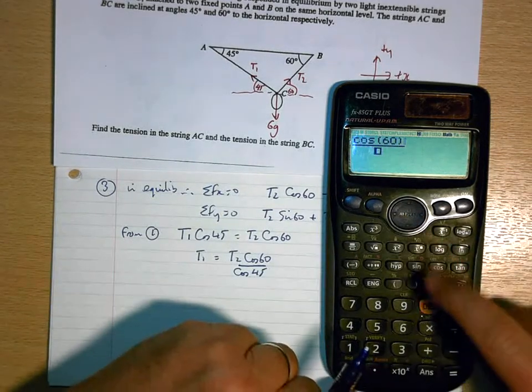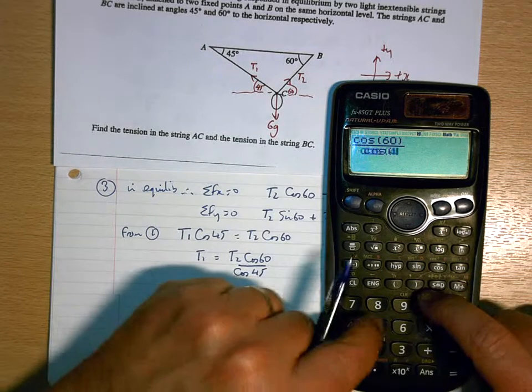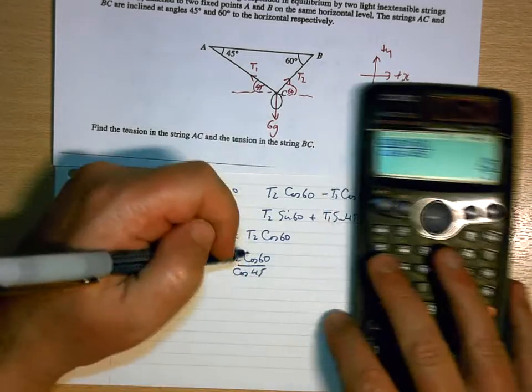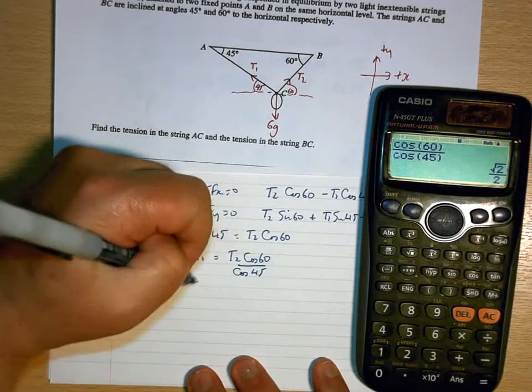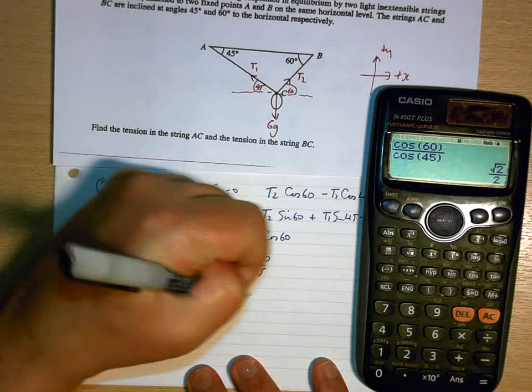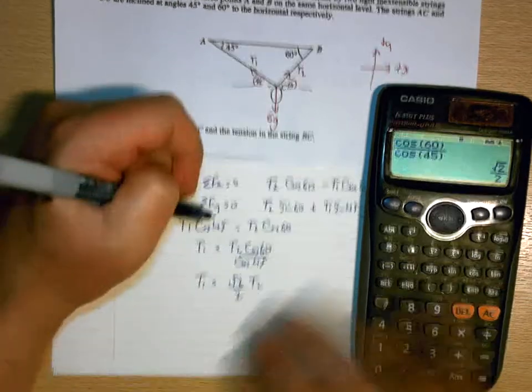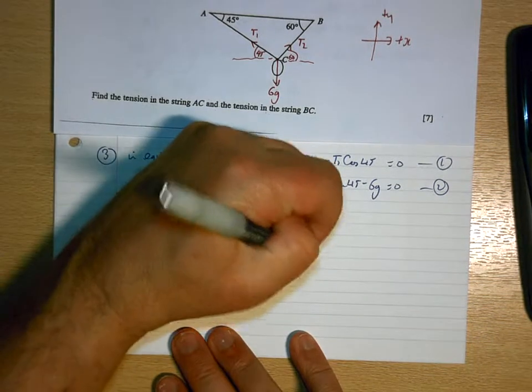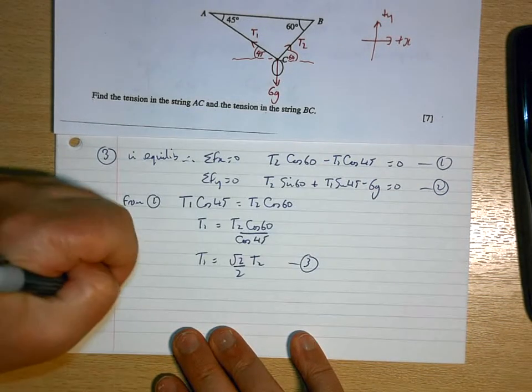Cos 60 over cos 45 equals root 2 over 2, so T1 is root 2 over 2 T2. Put that into equation 2, call that 3, so we'll come back to it.